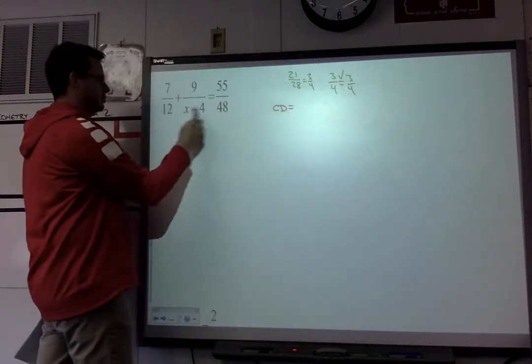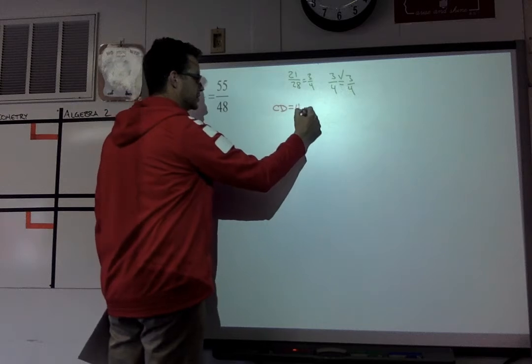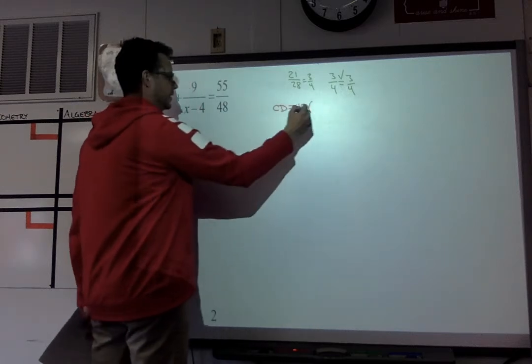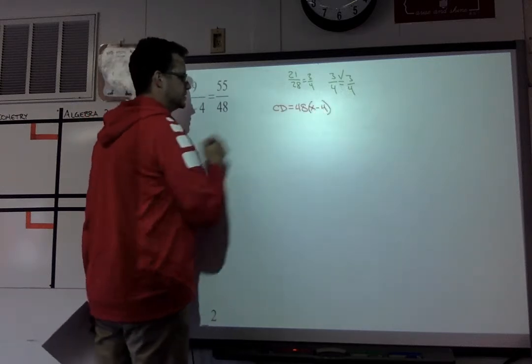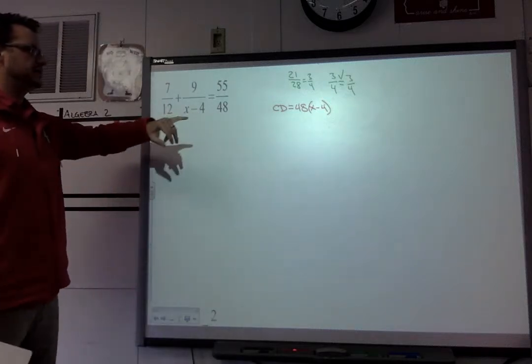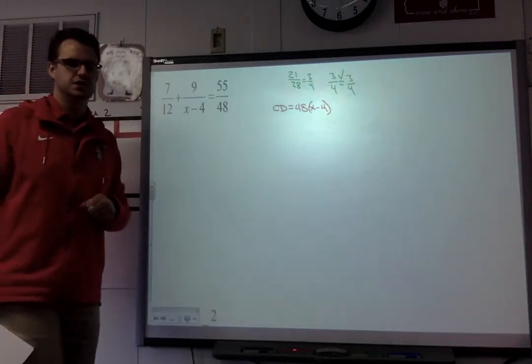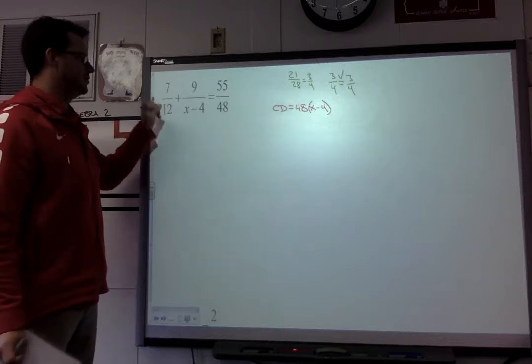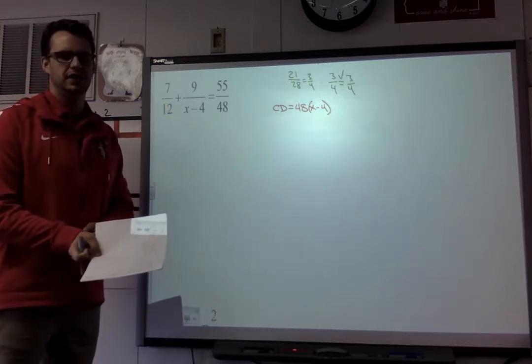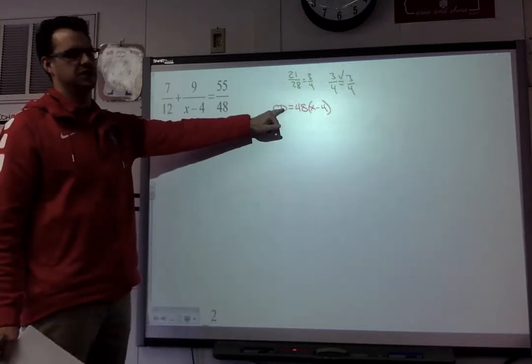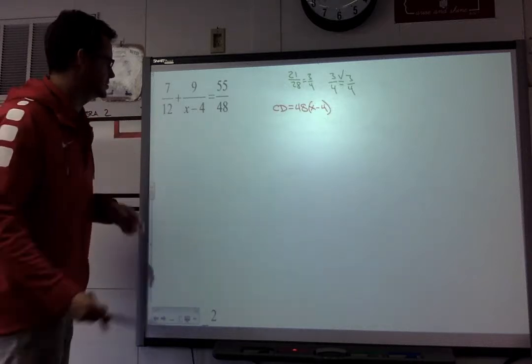Well, the smallest number that 12 and 48 both go into is 48, and then we've got our x minus 4. Now, when you find your common denominator and multiply each term by that, if you don't get rid of your denominator, that means that whatever you found as your common denominator was incorrect.